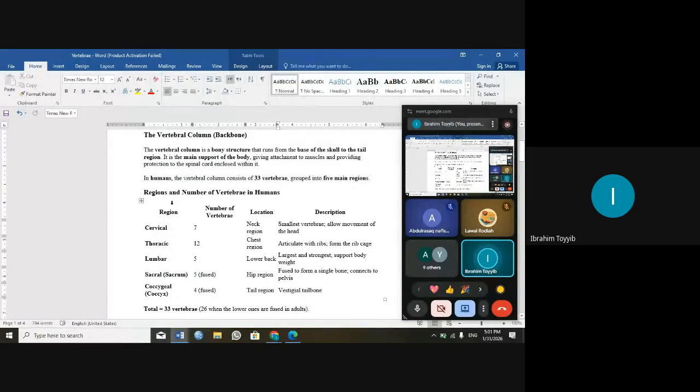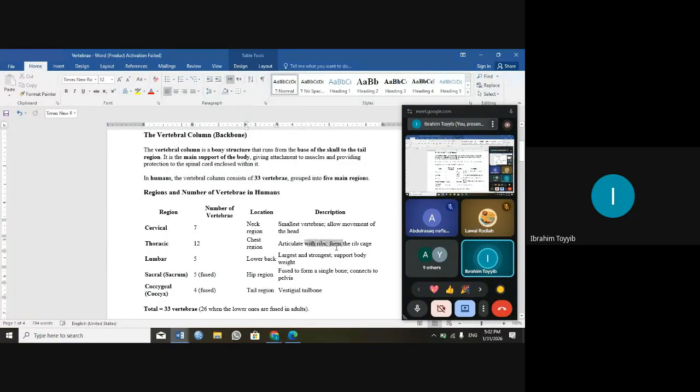Another one is thoracic vertebrae. We have 12 vertebrae under thoracic, and it is found in the chest region. Note these regions, like the location. It used to come out in JAMB, like which of the vertebrae is located at the neck region: cervical, thoracic, lumbar, like that.